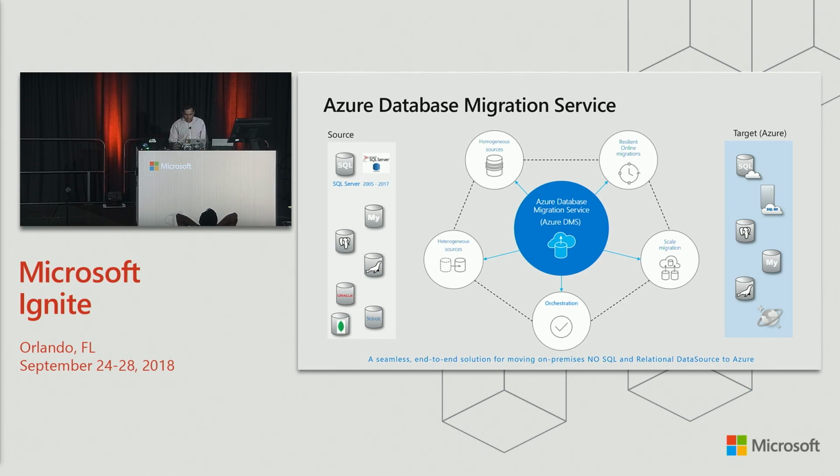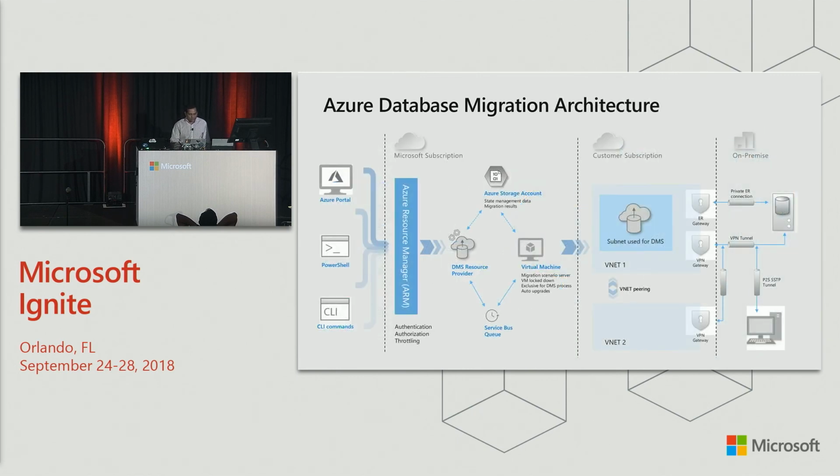Let's just do a quick deep dive into how the service works. It's an Azure native service, so you get all the usual niceties. It has Azure portal presence, PowerShell, API, and CLI, which is what I'm assuming you would use. A lot of Mongo NoSQL people would use CLI, they're a lot more comfortable.